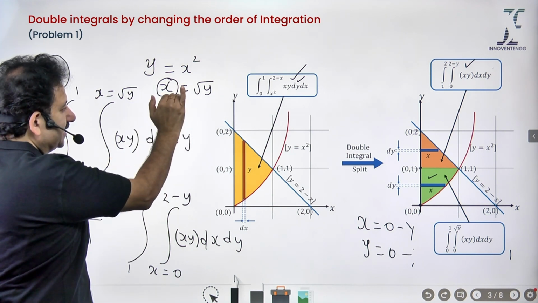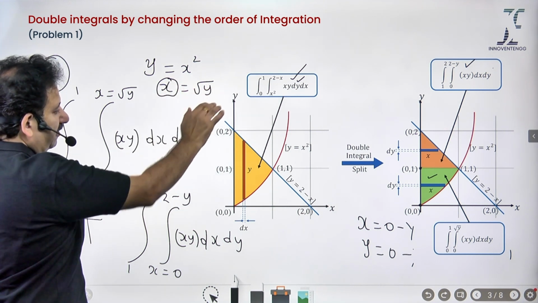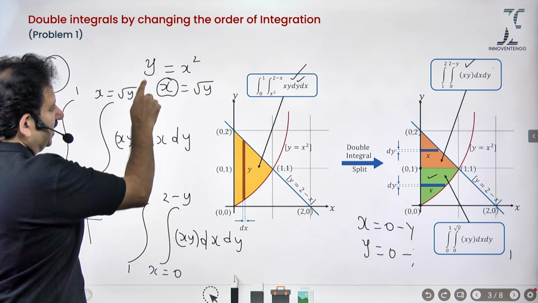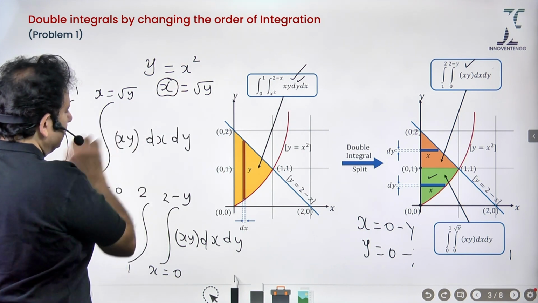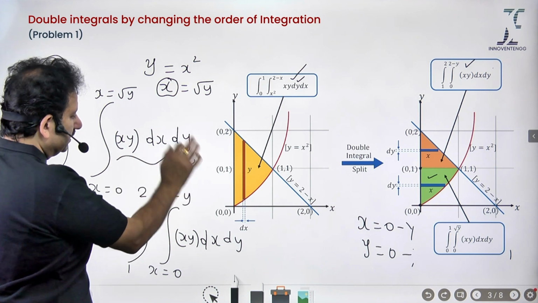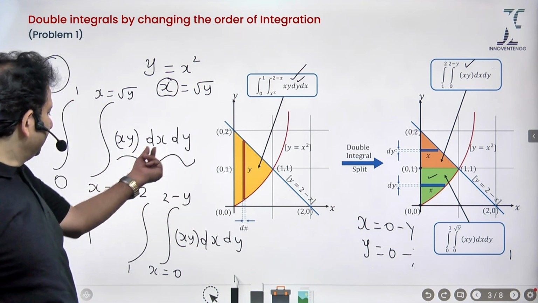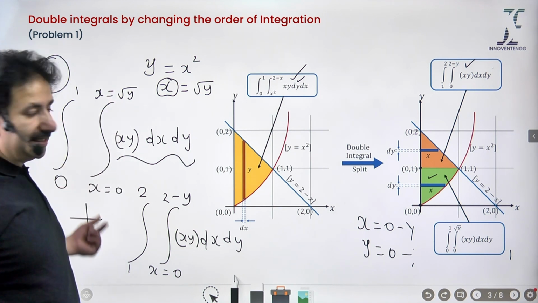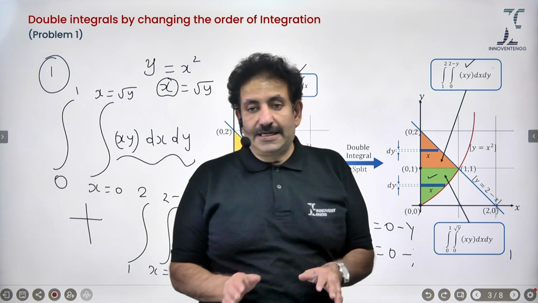There must be a relationship which directly gives you the value of x, not the value of x square, and that should be noted carefully. That is where x square is equal to y, we took the square root and we said x equal to root y. So this is very, very important. First, the order of integration is x, and then the x limits are given here. So now it is very, very categorically understood.